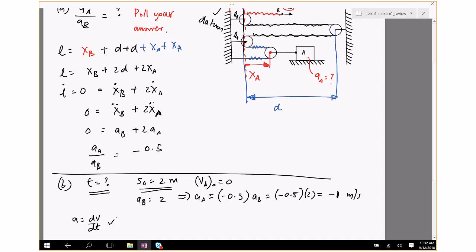Okay, you could use that, but you have to integrate that twice to get S. So that's absolutely one way to do it, but is there a direct way where you don't have to integrate? V dV ds is A.